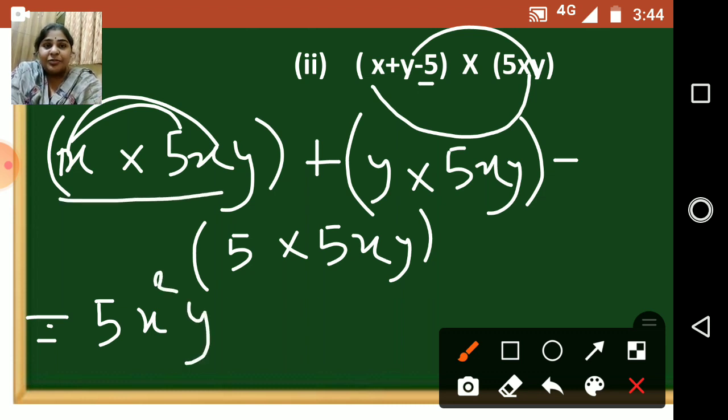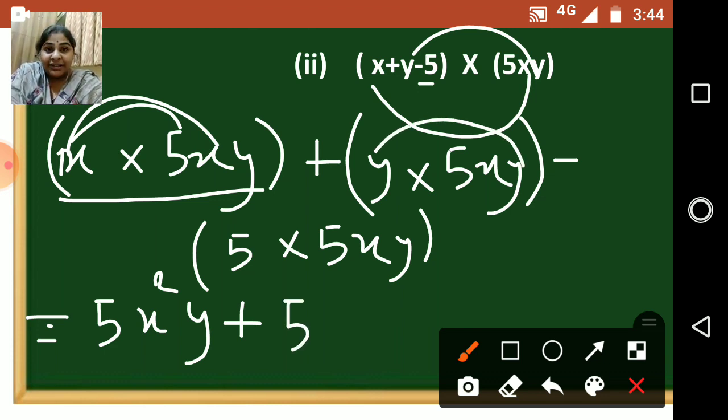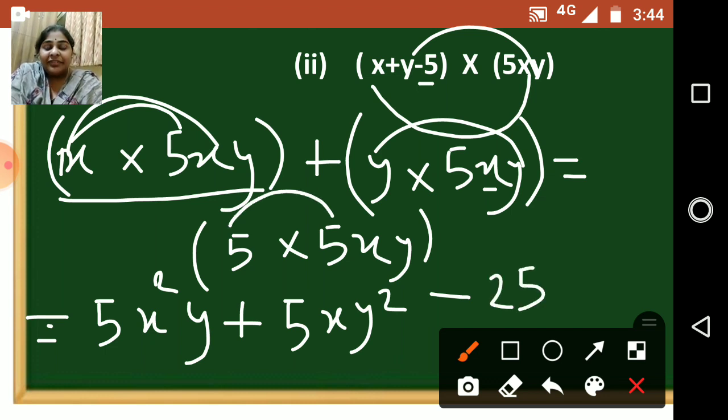So my first bracket, when my product will be 5x square y plus, now here again 5, y multiplied by y is y square and x as it is, so xy square. And the last bracket here, it is negative sign, so I will write minus 5 5s are 25, right?